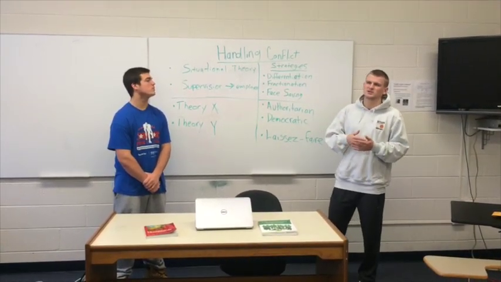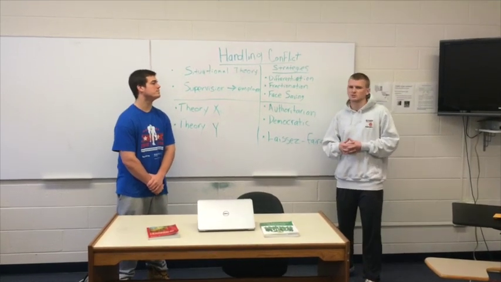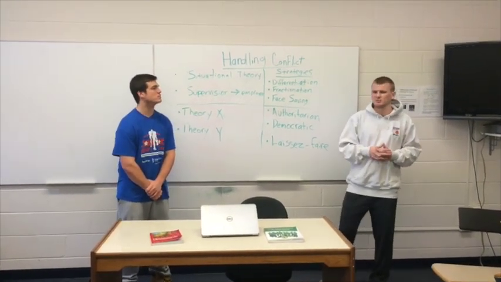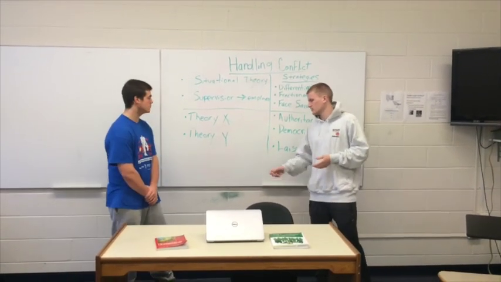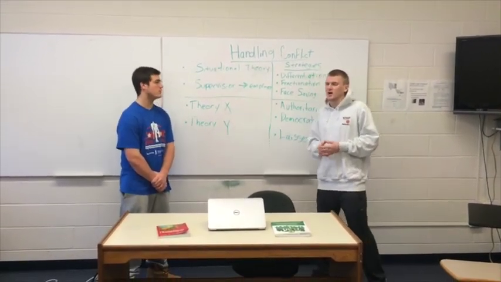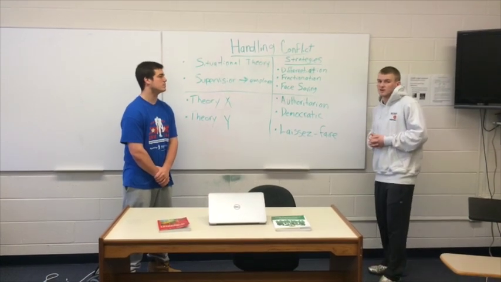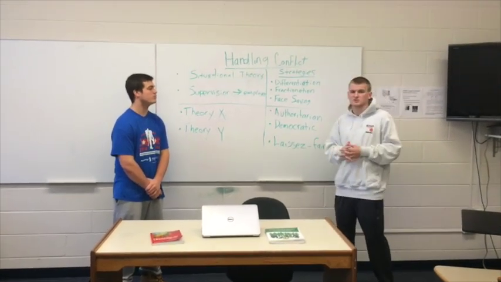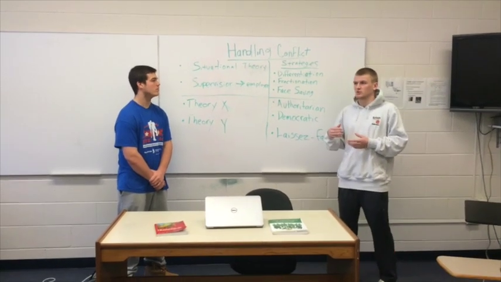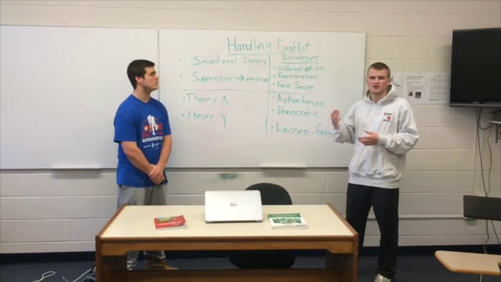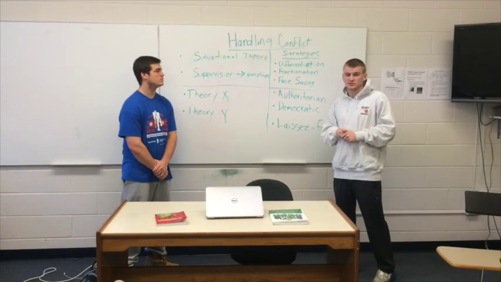However, the worker doesn't always accept that exceptionally well. If it's a new person in the company, maybe someone new out of college, they have their own ways. So they would be a theory Y. However, in the long run, if the worker doesn't always listen to the authoritarian leader, the leader is going to lose their temper, maybe get very frustrated, and question their job.